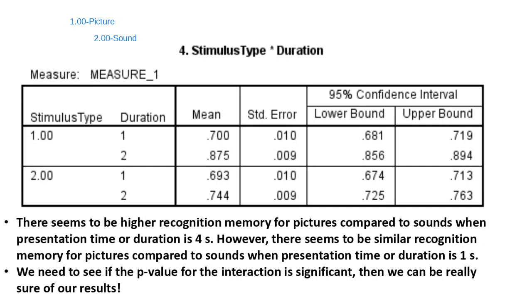And duration, you have 1, which is 1 second, and 2 is 4 seconds. So what can you see from these descriptive marginal means shown here? Any thoughts?